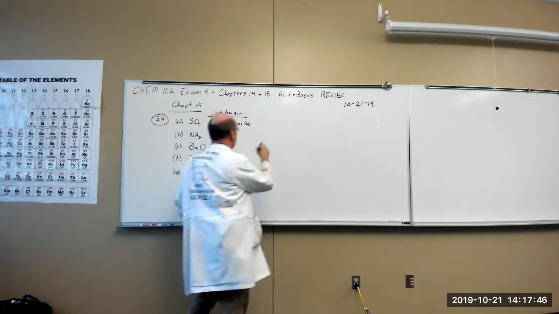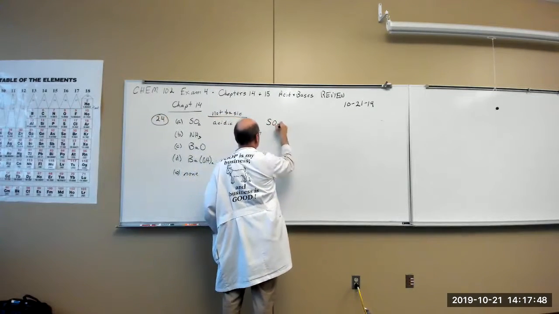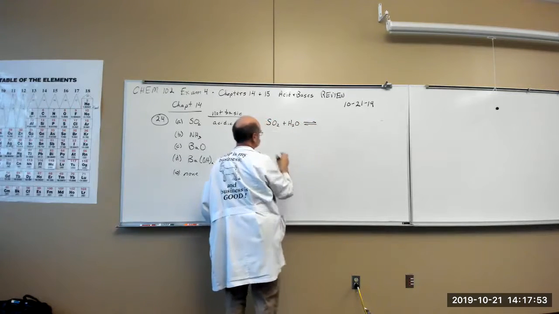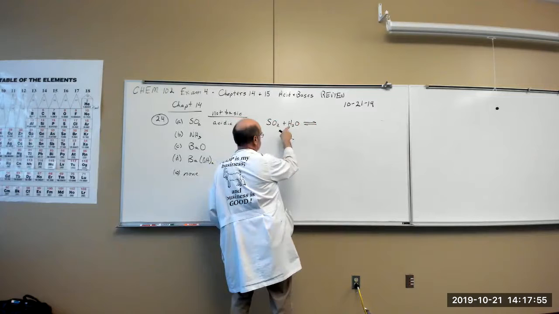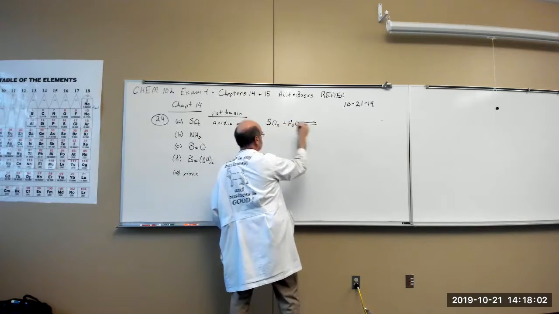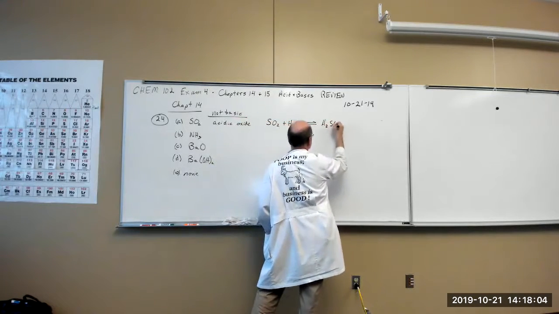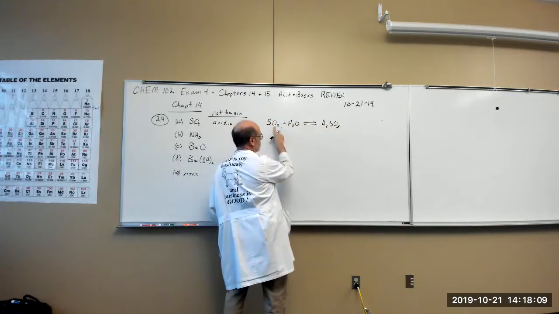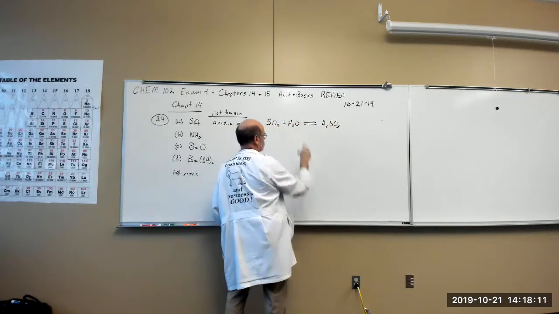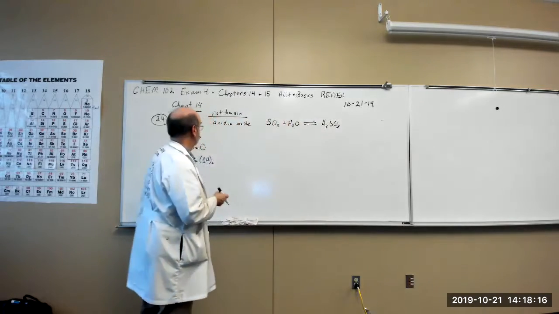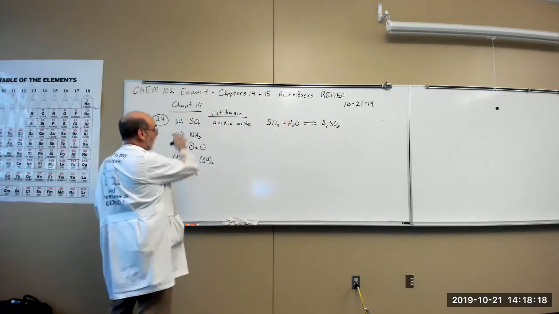And when we react them with water, we get one sulfur, three oxygens, two hydrogens. And there's your acid. So that makes an acid solution. Okay. So that one's not basic.